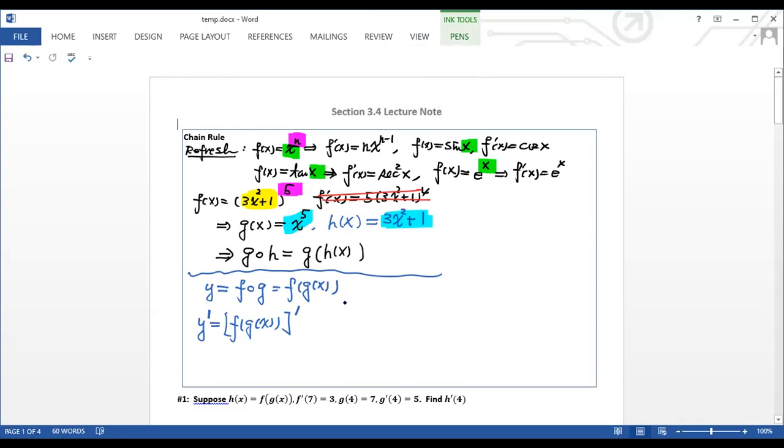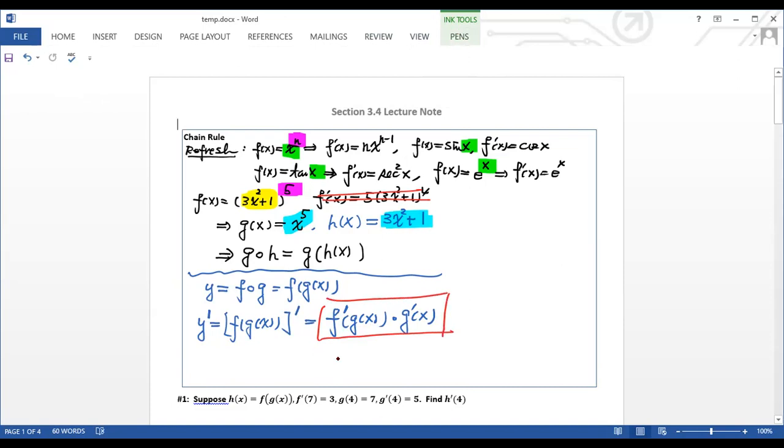It will be: you take the derivative f prime of x first, then you still have the composite function f prime of g of x, times g prime of x. That is our chain rule definition.